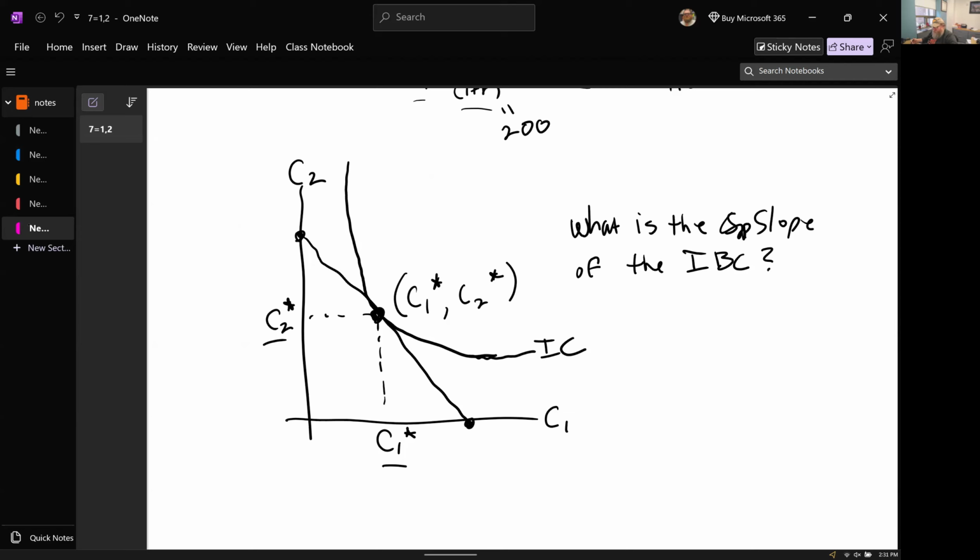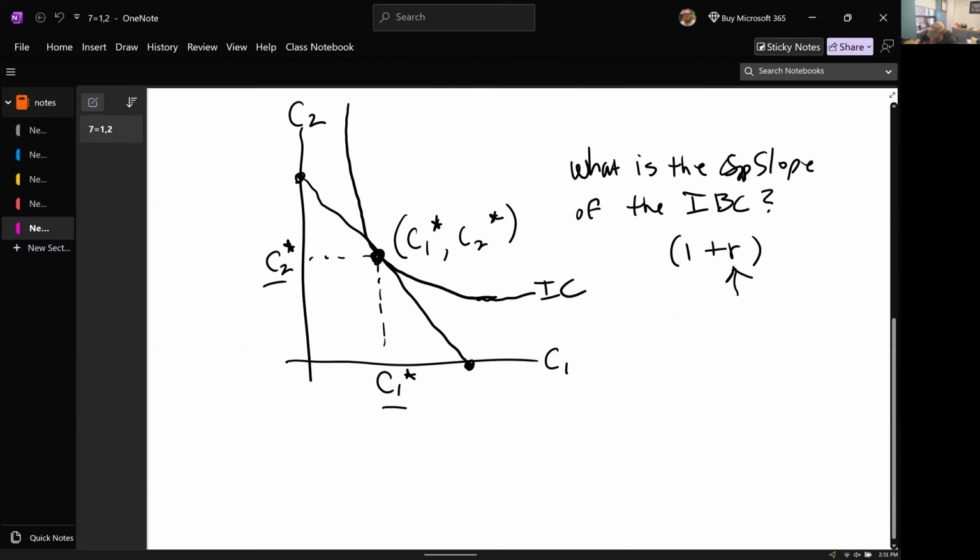Well, the slope of the intertemporal budget constraint is going to be 1 plus r. So that means that the slope of the budget constraint will change when interest rate changes. So now if we're talking about interest rate policy, right, the central bank increasing or decreasing the interest rate, we now have an idea of what that potentially is going to look like in terms of the intertemporal budget constraint.